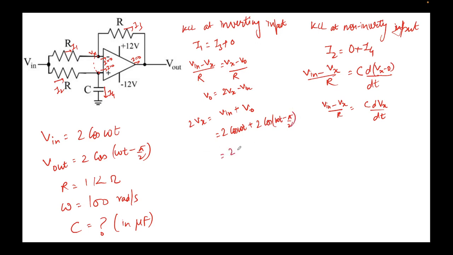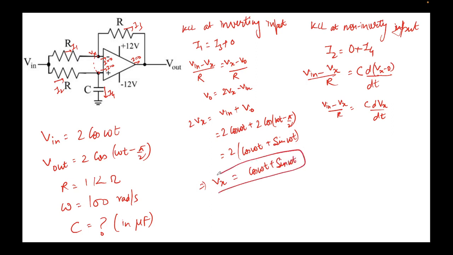So this would be 2 times cos omega t. Cos(A minus B) equals cos A cos B plus sin A sin B. So it will give me sin omega t. This implies, so 2 gets cancelled, so Vx will be cos omega t plus sin omega t.